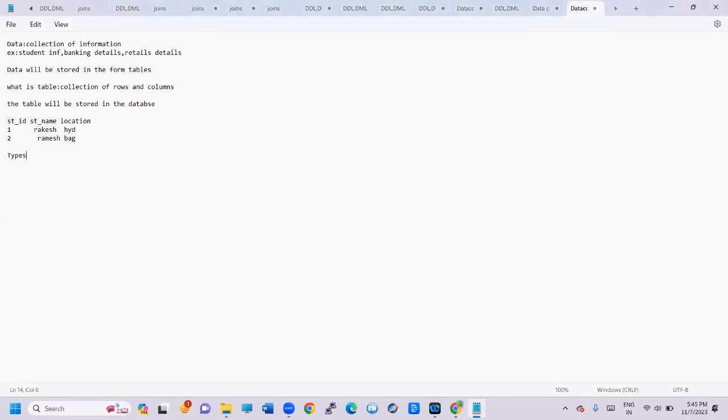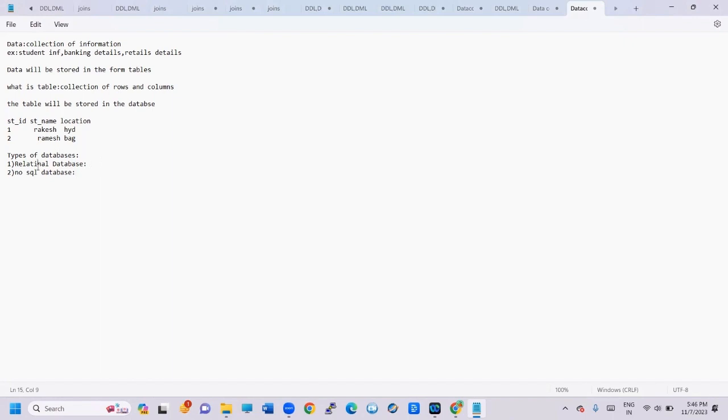Types of databases. One is the relational database. Another one is NoSQL, or non-relational database. So what is a relational database?